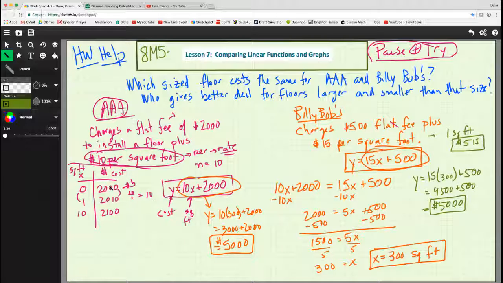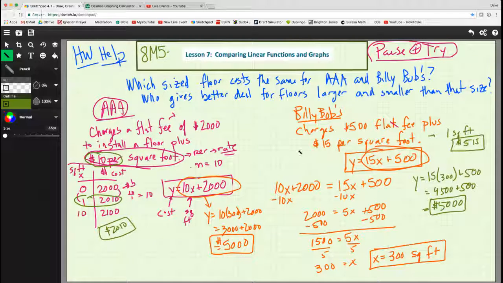And over here, 1 square foot costs, we already figured this out, 2,010. And for bigger floors, AAA is the better deal, because after we get to that 300 square feet, that extra square foot, when you go to 301, it's only going to cost an extra $10, whereas Billy Bob's going to charge you $15.